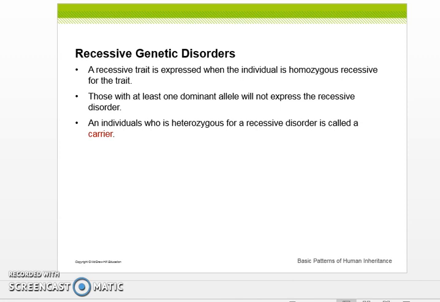And individuals who are heterozygous for a recessive disorder are called carriers. That means they're showing the dominant trait, but they're carrying inside of their genetic code the recessive trait. So they may not be able to see it, but they can certainly pass it on to future generations.